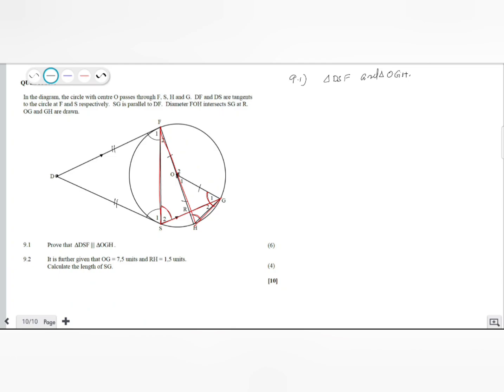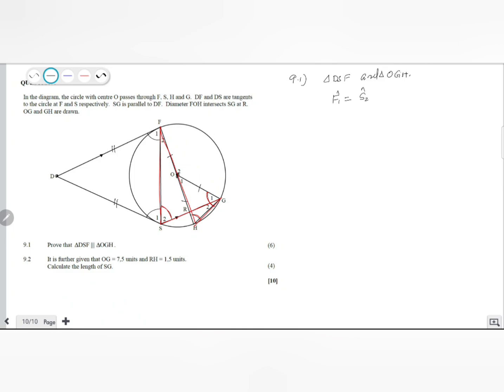Start with F1. I hope you saw those two triangles. DSF is the bigger triangle and OGH the smaller triangle, isn't it? You have to show that they are similar by showing that their corresponding angles are equal. So F1 is equal to, we already have that proof on the diagram, it's just a matter of writing it down. That is, angle F1 is equal to angle S2.